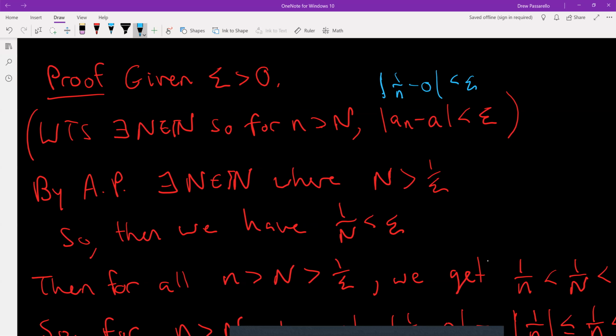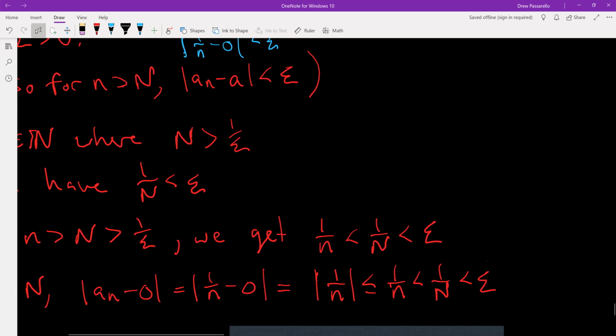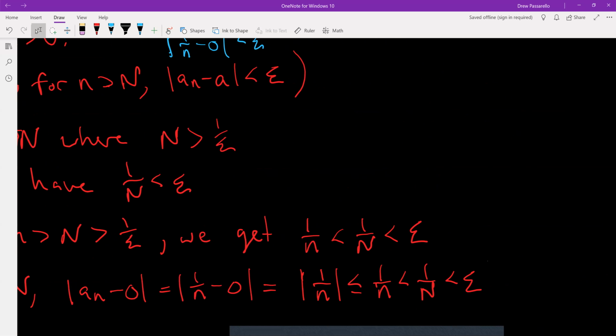So by the Archimedean principle, there exists a natural number, capital N, such that capital N is bigger than 1 over epsilon. Taking the reciprocal, we have 1 over capital N is less than epsilon. So for all little n bigger than capital N, which we know is bigger than 1 over epsilon, reversing those inequalities by taking reciprocals, we get 1 over little n is less than 1 over capital N, which is less than epsilon.